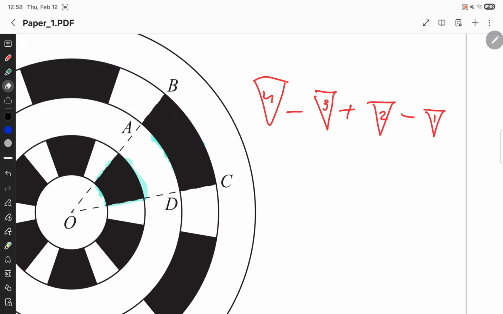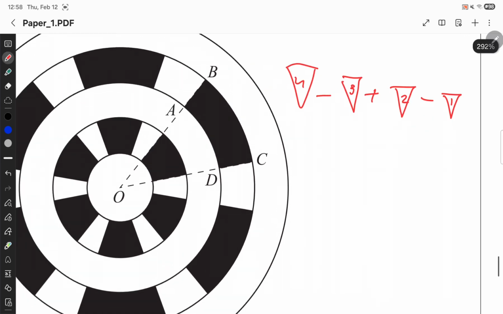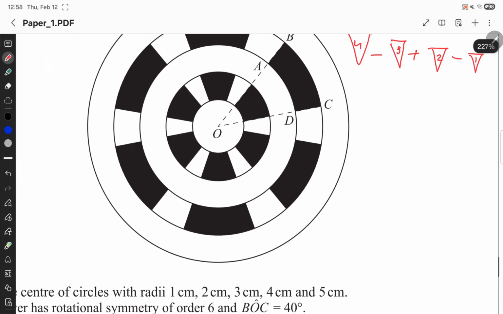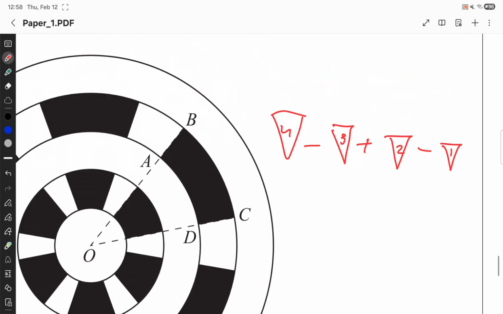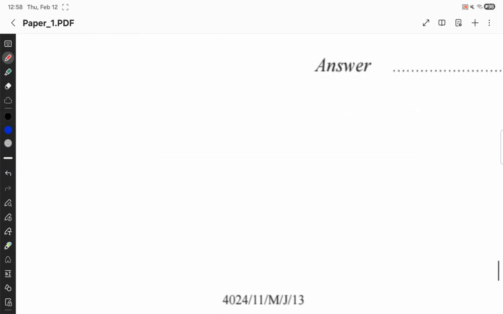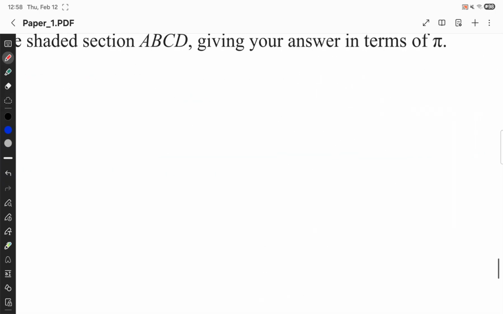Now I will solve it for you guys. Let's go step by step, unsimplified first, then we can simplify it later in calculation. This is paper 1, meaning we cannot use a calculator.